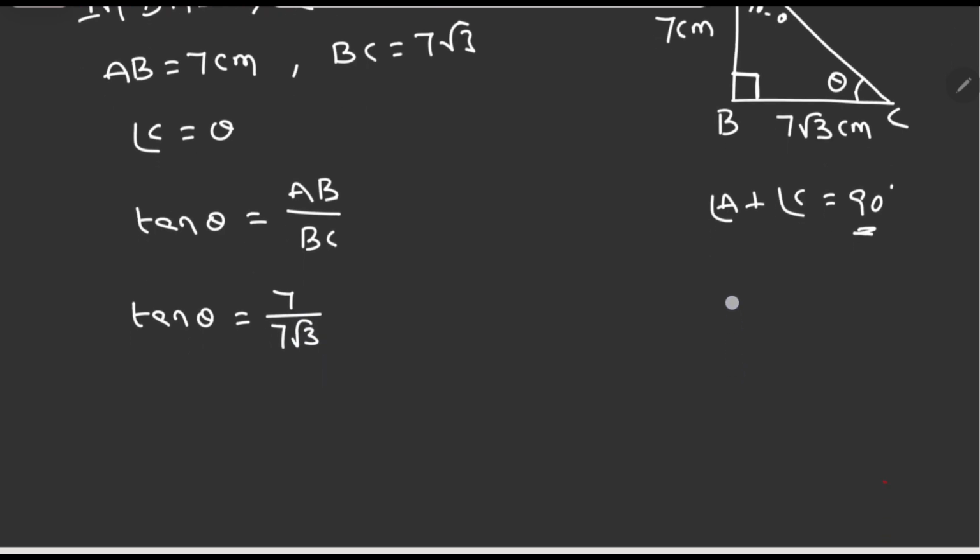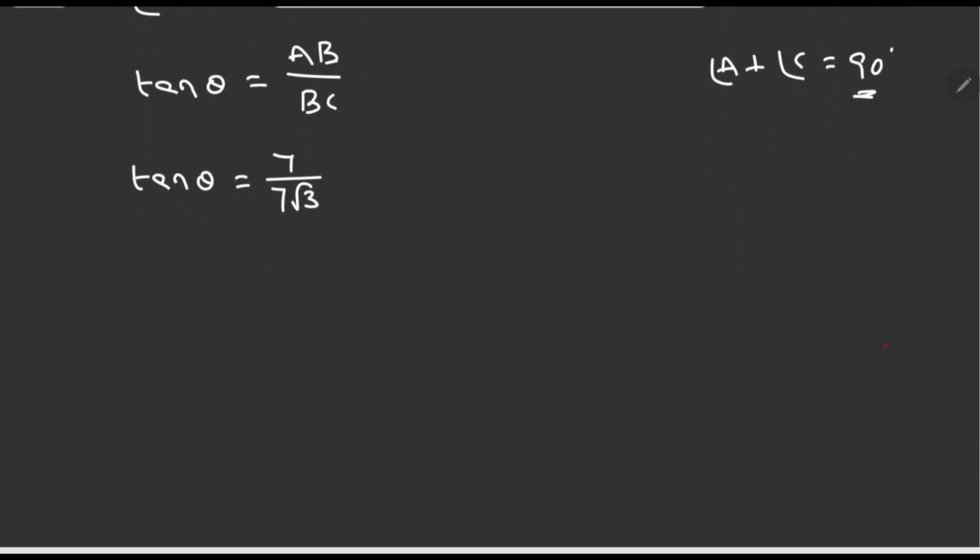So can we cancel anything there? Okay, so 7 get cancelled. So tan theta is equal to, we are having 1 by root 3. But here we have to find the theta na. So to find the theta we should be cancelling tan. So theta కావాలంటే పక్కన ఉన్న tan క్యాన్సిల్ అవ్వాలి.